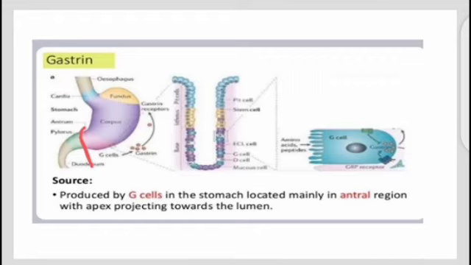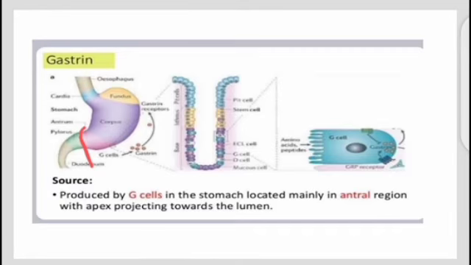Source of the production of gastrin: gastrin is produced by G cells in the stomach, located mainly in the internal regions with the apex projecting toward the lumen. Let's talk about the functions of gastrin. The gastrin can perform two basic functions.